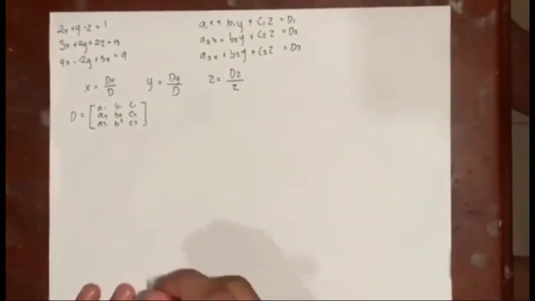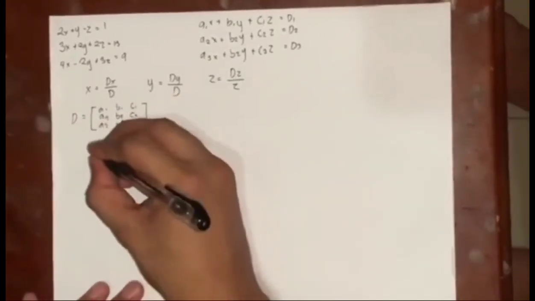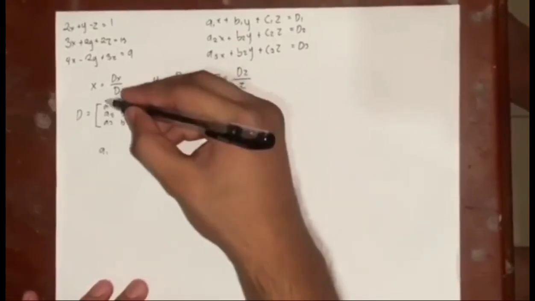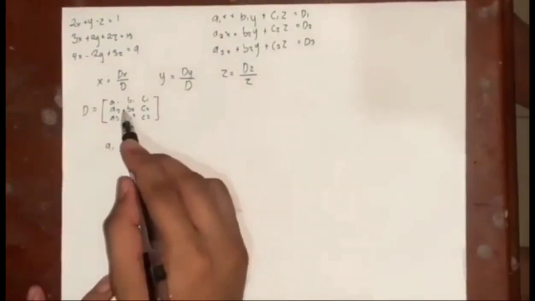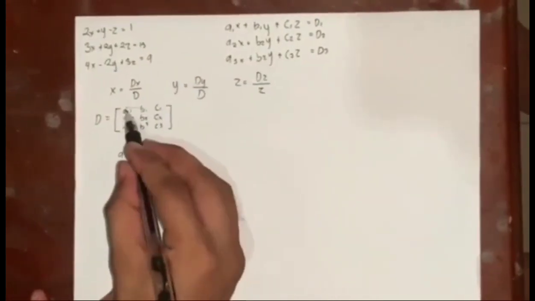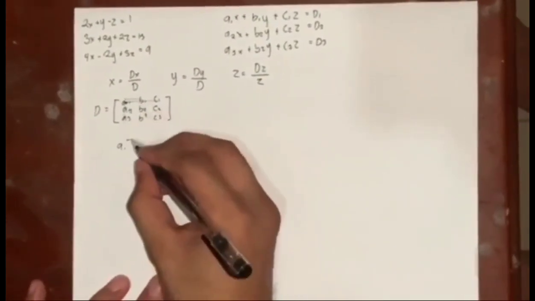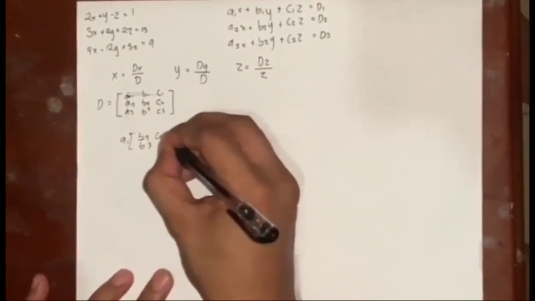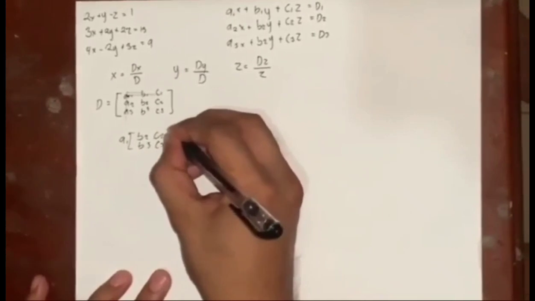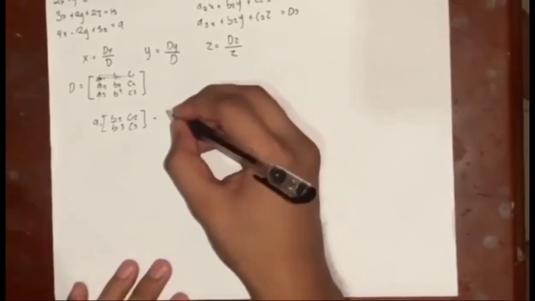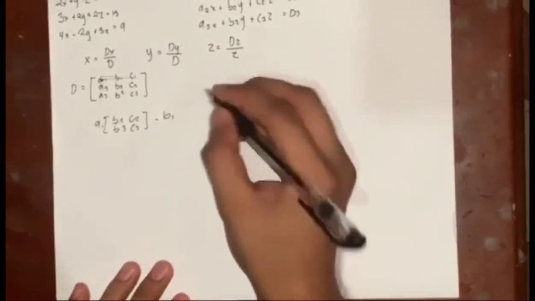And to get the A1, we need to get this A1 and this, and we get B2, B3, C2, C3 minus B1.